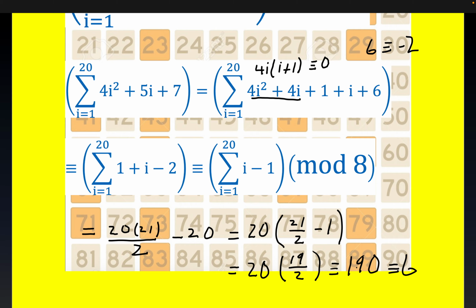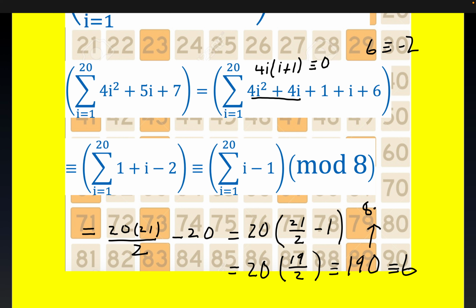I should have put an equal sign right there, but this is congruent to 6 because, let's see here, if you divide 8 into 190, 8 times 20 is 160. What do we need? 32, 192. 8 times 23 is 184, right?